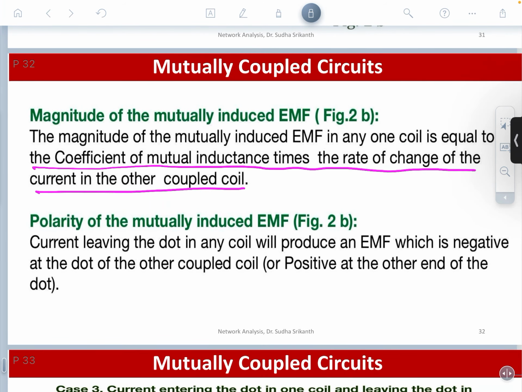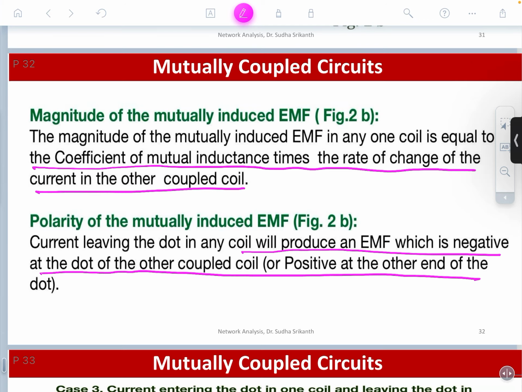The current leaving the dot in any coil will produce an EMF which is negative at the dot of the other coupled coil, or positive at the other end. You can use either one, and if you can understand it, it is fine.